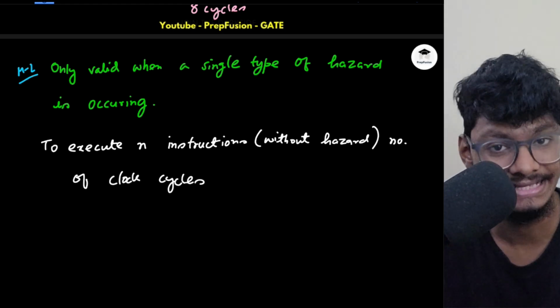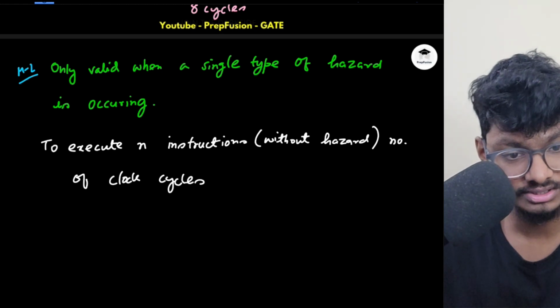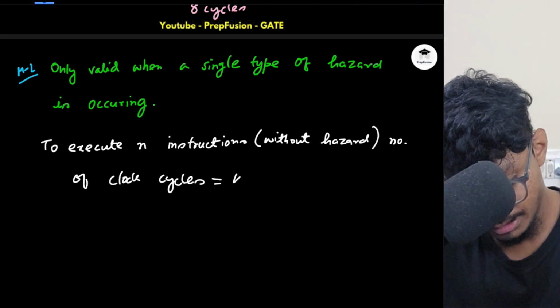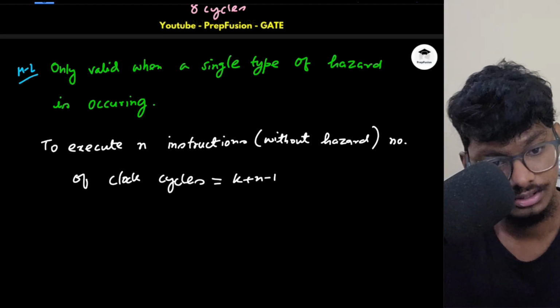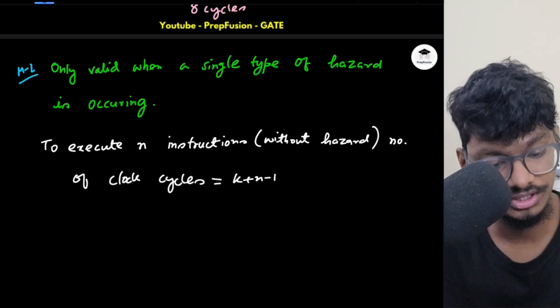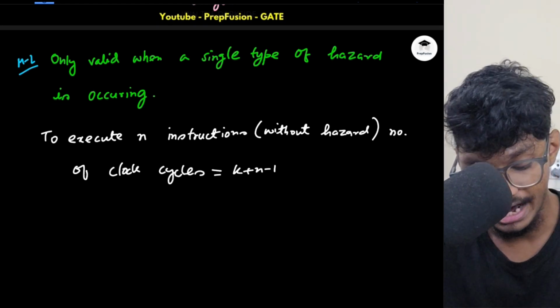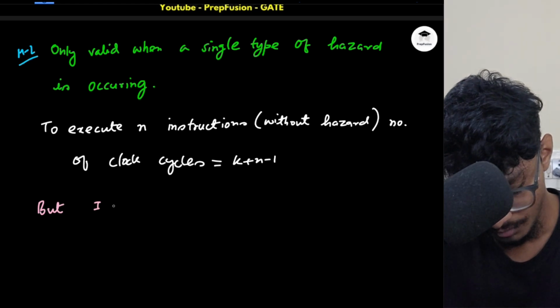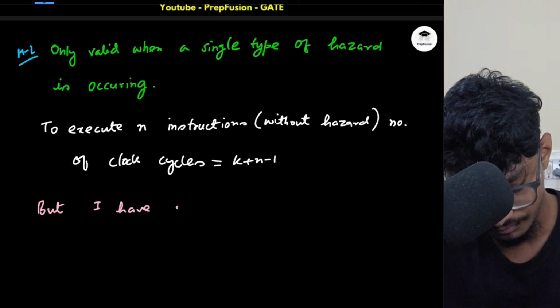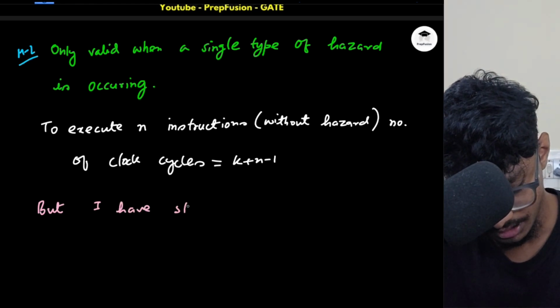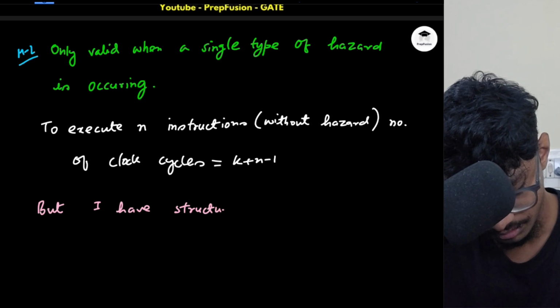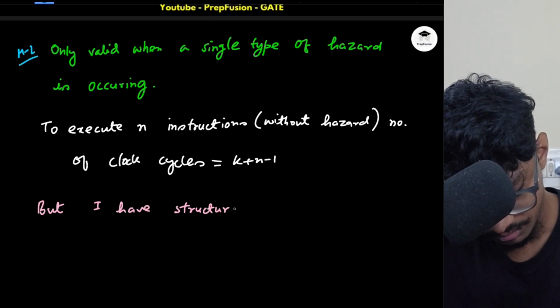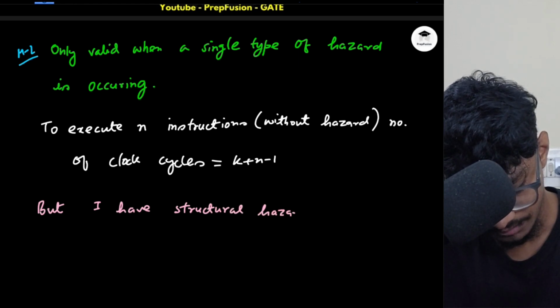It was k plus n minus 1. Now, without hazard it is this, right? But I have a structural hazard.